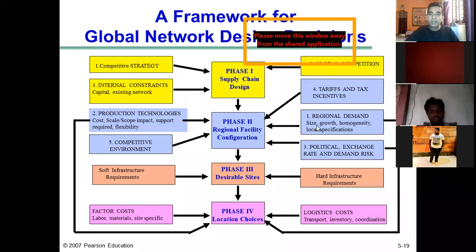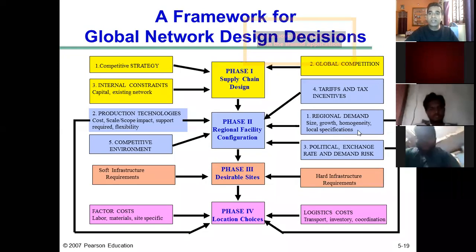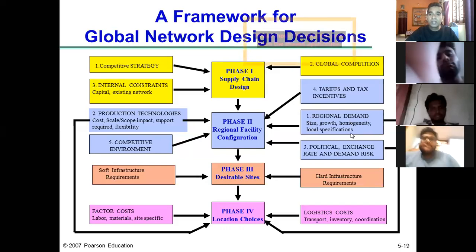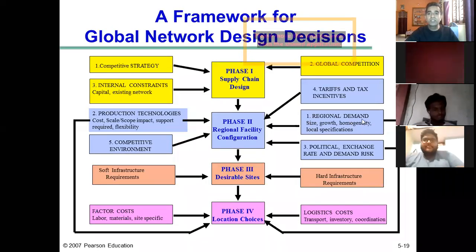What is the total market potential for such a product? If the market already exists, at what rate is the market growing? Then homogeneity, how many similar products are available? Then local specifications, what exactly are the local customers demanding? So this is about regional demand. This much information the company needs to collect.